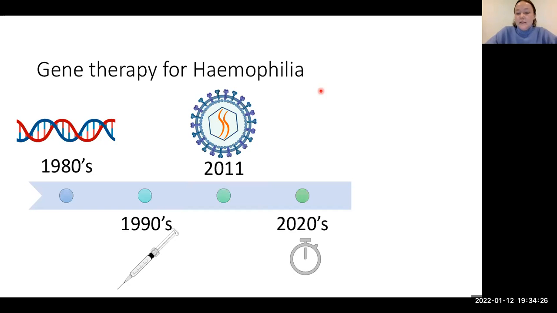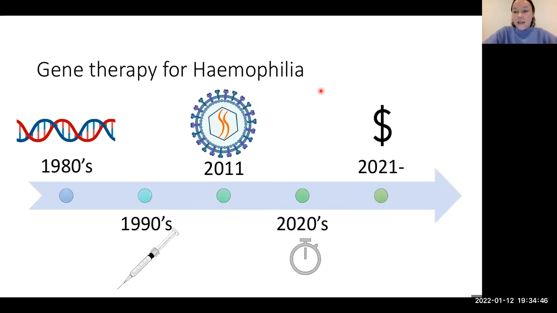And in recent years, we're about 10 years after the first patients were treated, and levels of factor 8 and factor 9 in their blood are still very high, still allowing these patients to live normally without frequent use of protein therapy.